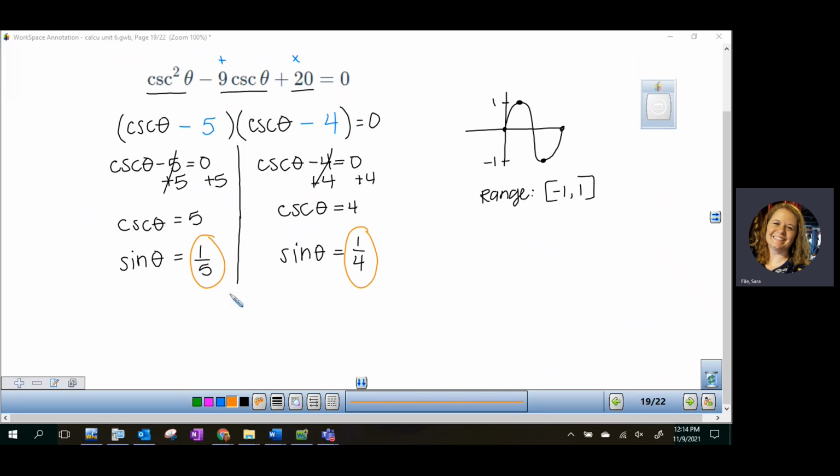So the quiz you took yesterday and the test you're going to take Thursday, once you get to this point, it will either be a number from the unit circle or a number outside the range, and it would be no solution. I would not give you one like this, but I can't filter the type of question that Delta Math gives you in this section. So there are some mixed in there where you do have to use the calculator if you want to answer it. If you don't want to bother doing it, because you're not going to have to on the test or the review, you could do the show solution, next question, and skip it. Okay, but I'm going to show you what you do in the calculator.